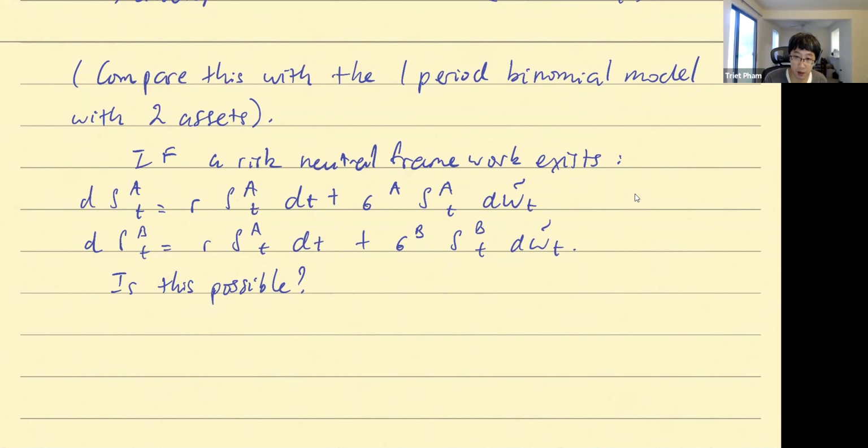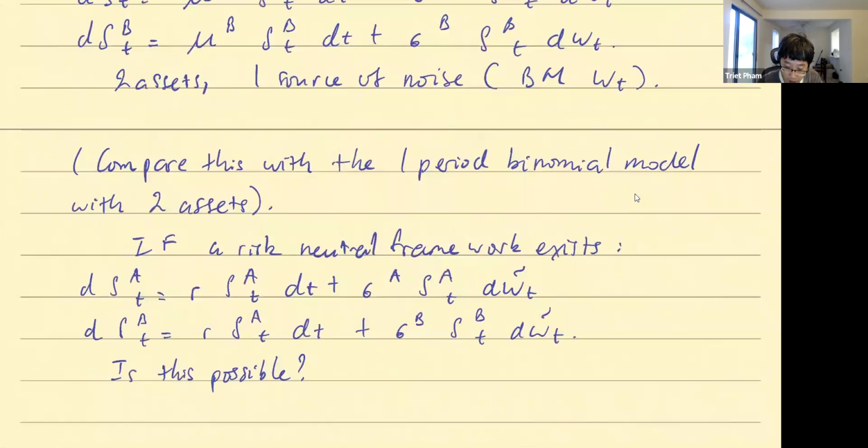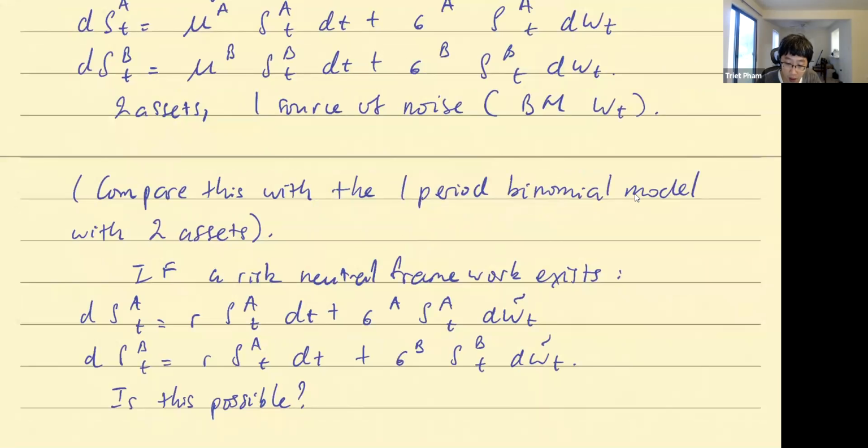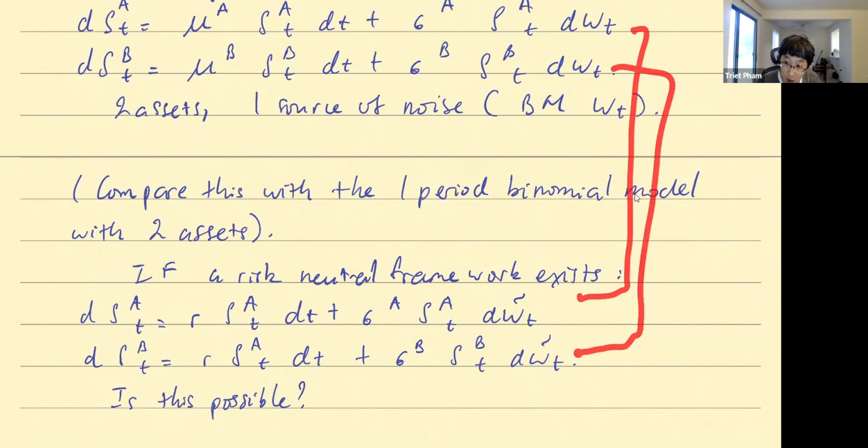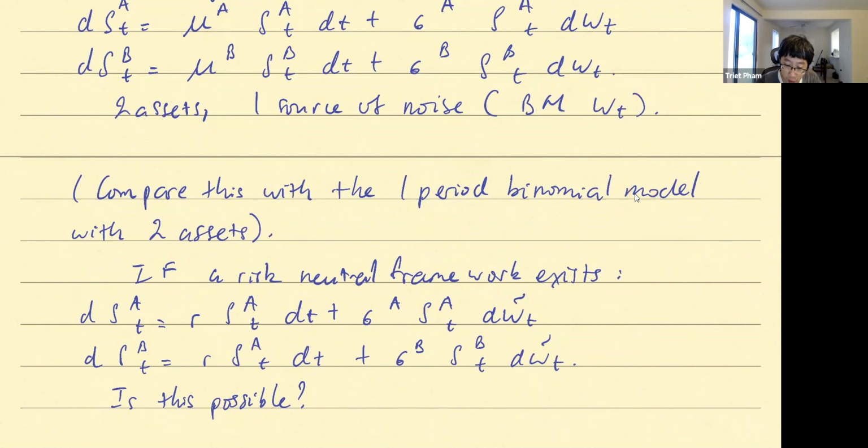To answer whether this is possible, we want to look at the transition, because here, unlike before where there's only one transition, you have two transitions. But the point is this: it's the same Brownian motion here, and it's the same Brownian motion here.